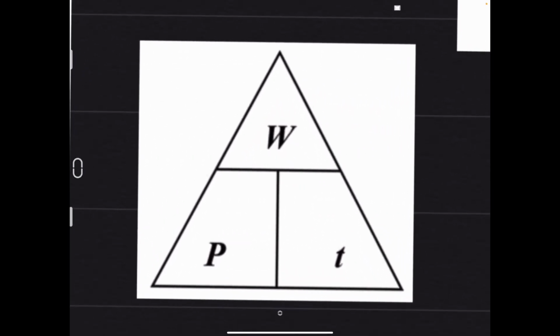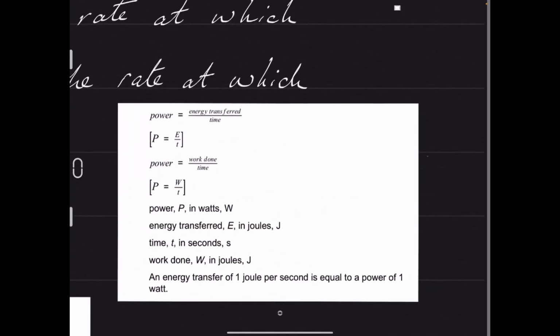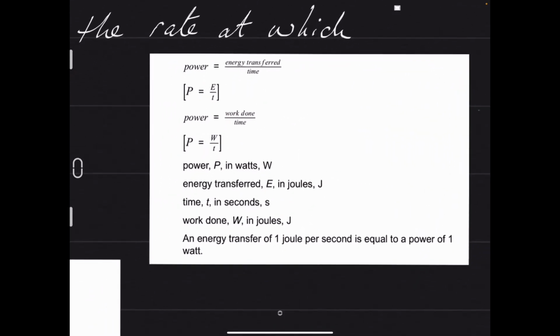If you're talking about work done, then you would use this equation. If the question was set in such a way that it was talking about work done, you would use this formula triangle to work out your answer. Just remember that if we look at work done, the units are the same.